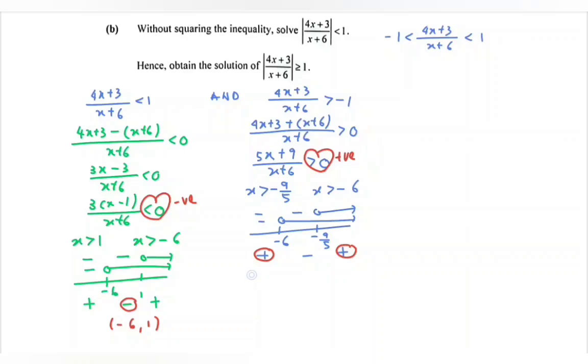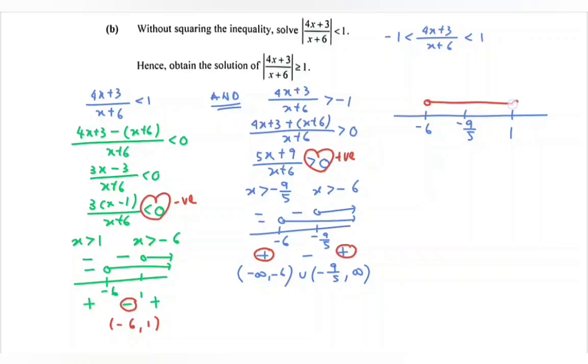Then we can have negative infinity until negative 6, where the negative 6 is not included, negative 9 over 5 until infinity. Next is to combine them and then make use of the operation AND. So real number line illustrate the number negative 6, followed by negative 9 over 5 and also the 1. Focus on the left hand side, we have negative 6 until the 1.